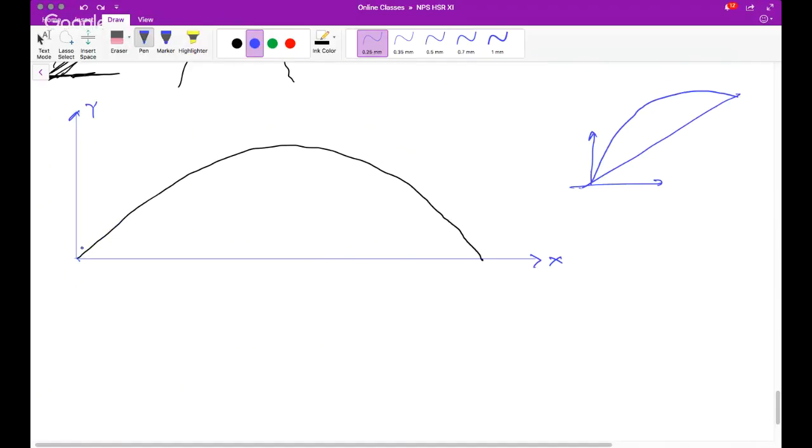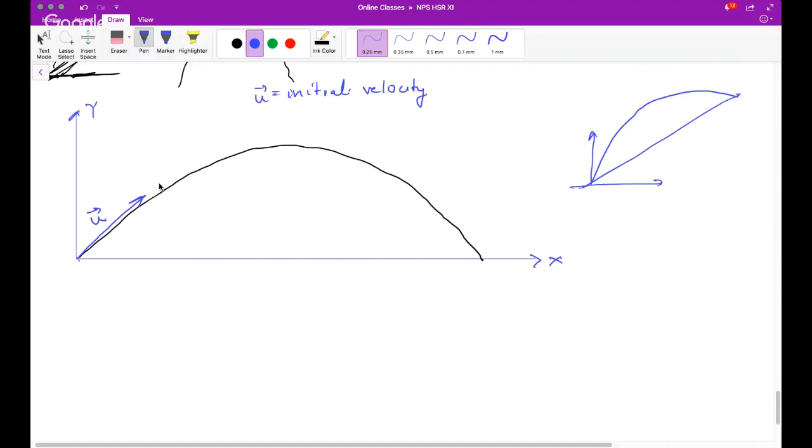So don't get confused by the length of the vector here. I'm just trying to exaggerate the view so that you understand that this is the initial vector, and I'm coining the term u. So u is the initial velocity with which it was launched.